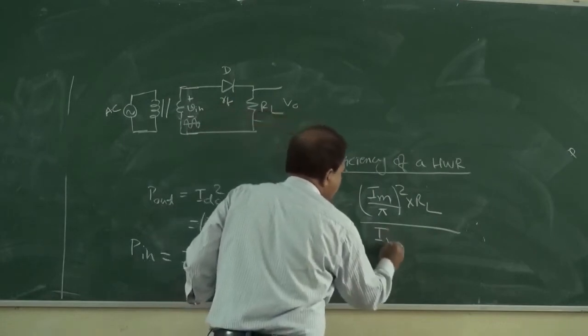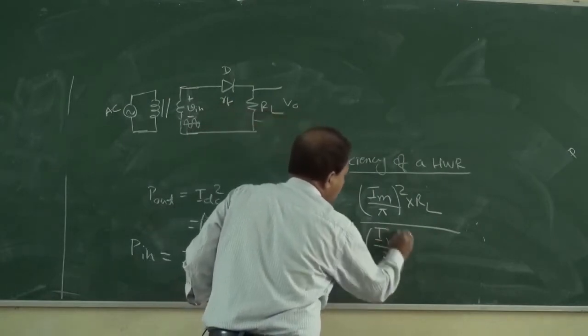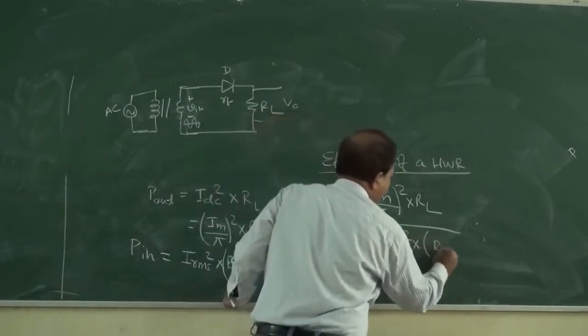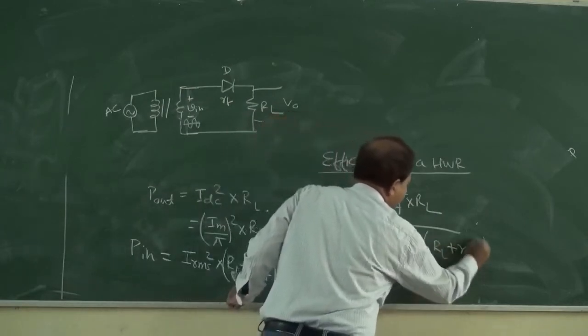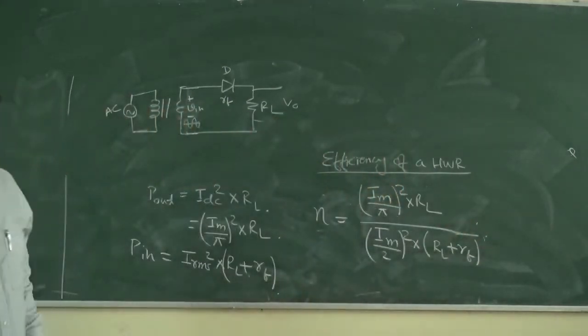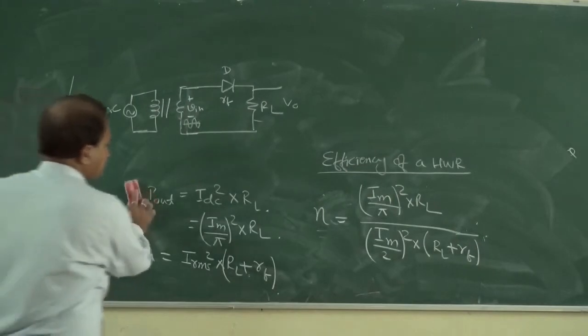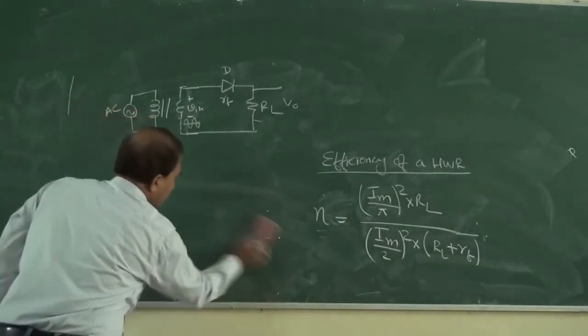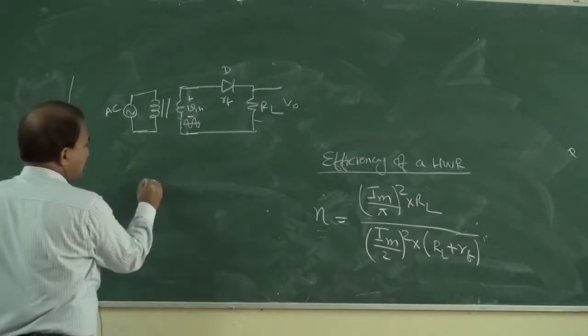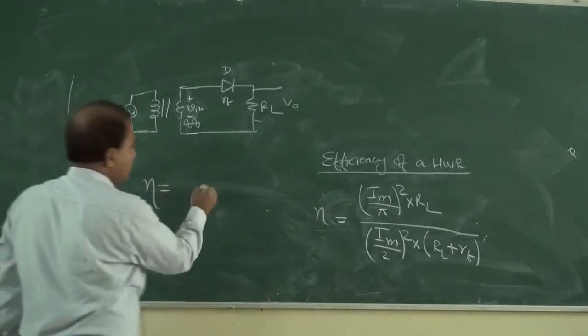IRMS square means Im by 2 whole square into RL plus RF, like this. So it is equal to how much?